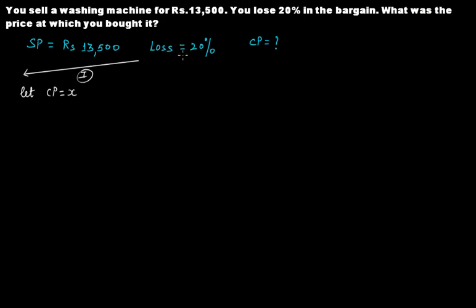So if we calculate the loss, the exact amount of loss will be the percentage, that is 20% of the cost price, that is X. So you get 20 over 100 times X. So this is the exact amount, the loss that you are making.